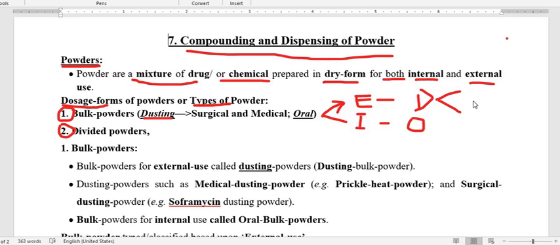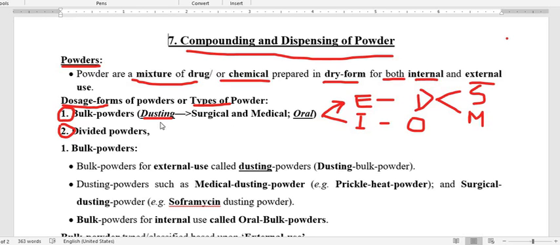When you are using it on wound cavities, it is called surgical dusting powder. And when you are not going to use it over the wound body cavity, it is called medical dusting powder. So it is divided into medical and surgical dusting powder.